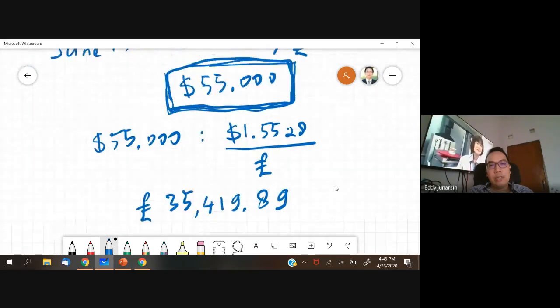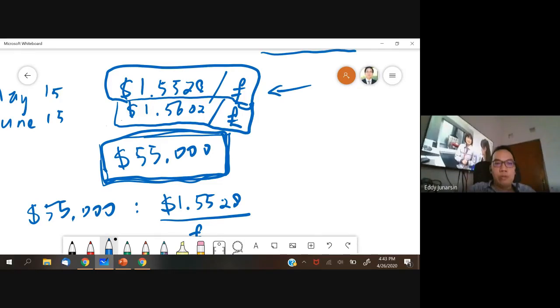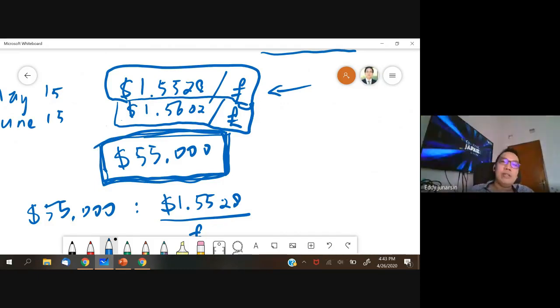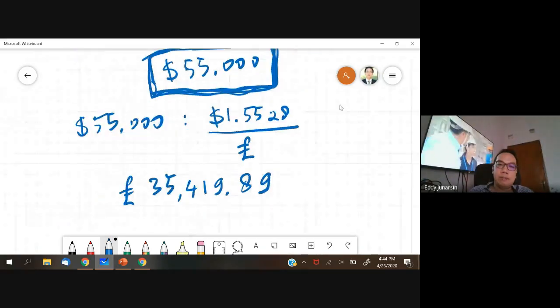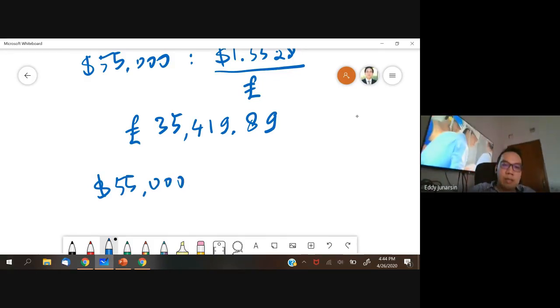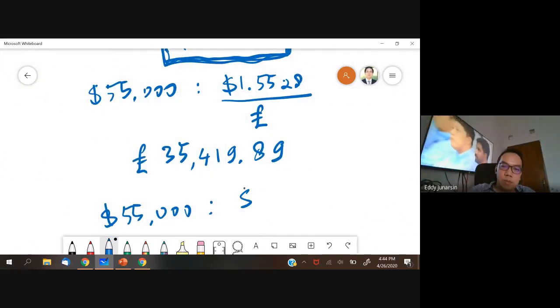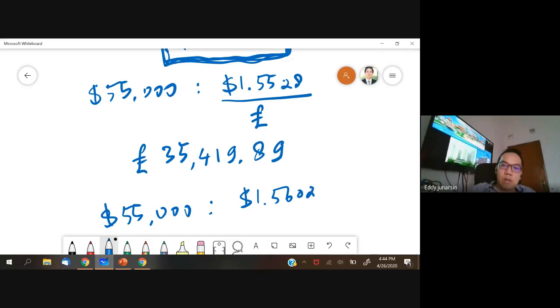What about on June 15th? The price of the Buick remains at 55,000, but now this is the spot rate on June 15th. Again, you see the currencies are the same in front, dollar per pound, and we are looking at $55,000. So again, you divide. 55,000 divided by 156.02 per pound.